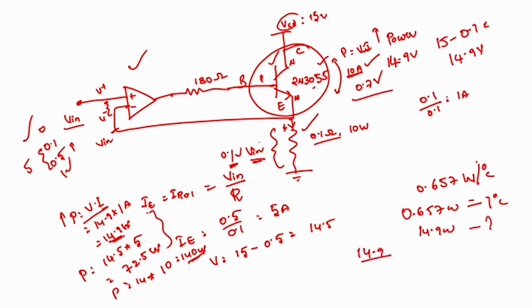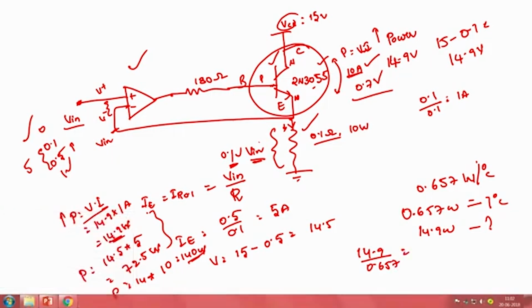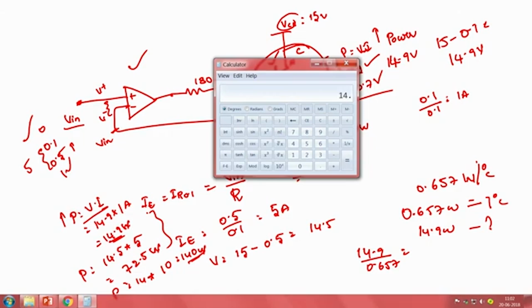14.9 divided by 0.657. When you do it, we can understand the value. So, let me calculate 14.9 divided by 0.657.